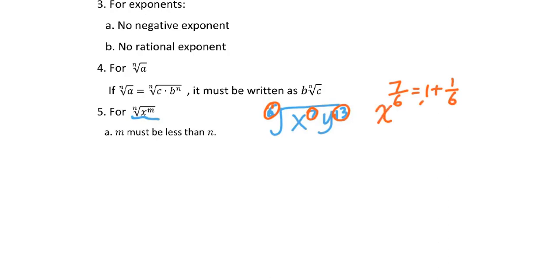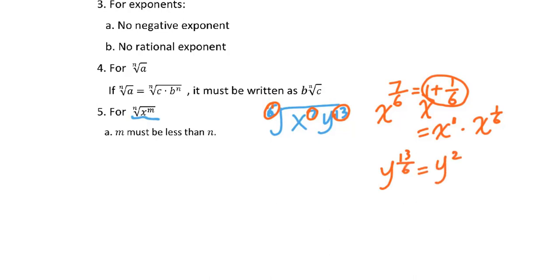For this adding, you can turn it into x to the first power times x to the 1 over 6 power. Same thing for y, 13 over 6. You can write y as 2 plus 1 over 6. Therefore, y squared times y to the 1 over 6 power.